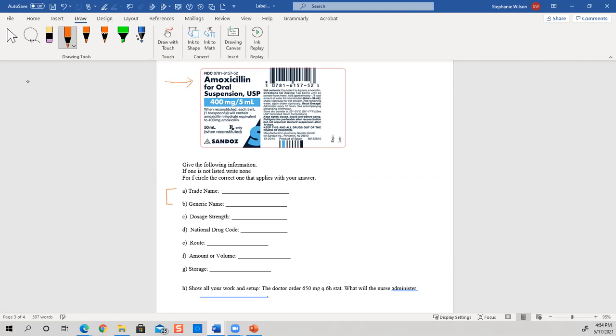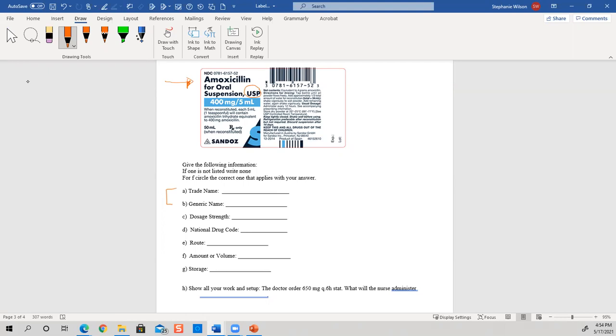So amoxicillin, we know it's a penicillin. And my research showed that this here is an actual trade name, but what do I know about it? I know that usually USP, according to the textbook, states that it's a generic. On this particular question, we are only a math class.